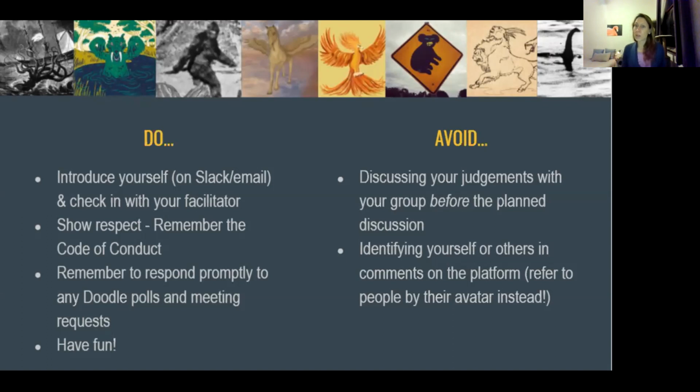We also tell people please don't identify yourself on the platform. When you're putting your comments in that text box in question 8, don't use your name or your affiliation. If you're referring to other people, say something like, "Koala 311 also said X, Y, or Z," but don't say John or Julie, that sort of thing, because we want to keep the anonymity of people who are responding to these questions on the platform.